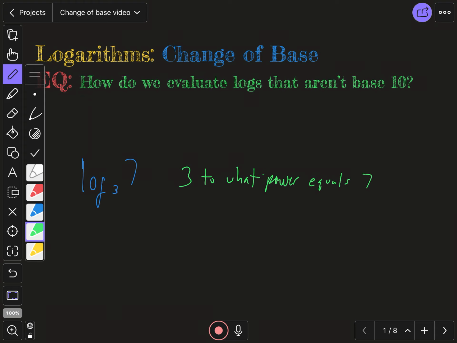We're writing it out like this: 3 to the what equals 7. And so how do we figure that out, right? We know that 3 to the first is 3, and 3 to the second is 9, so it's somewhere between 1 and 2, but how do we figure that out?